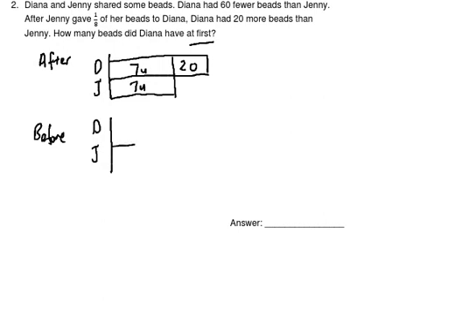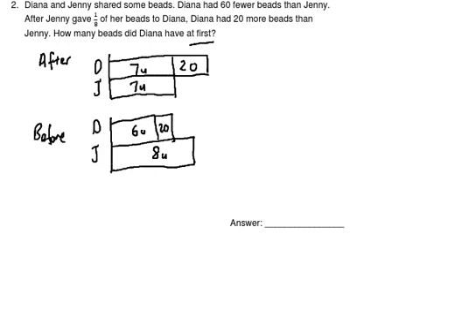So Jenny becomes 8 units. So since 1 unit is returned back to Jenny, Alexis, can you tell me how many is Diana left with in terms of units? 6 units and 20. Okay, so Diana is left with 6 units and 20, right?